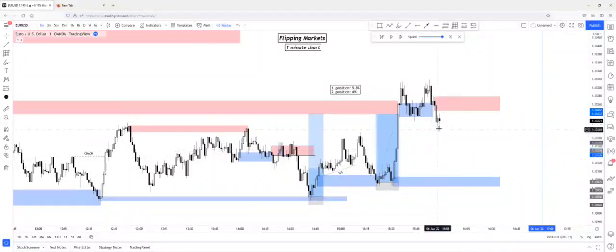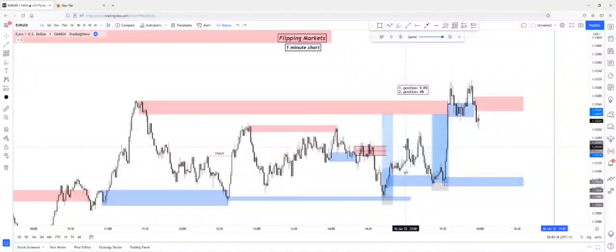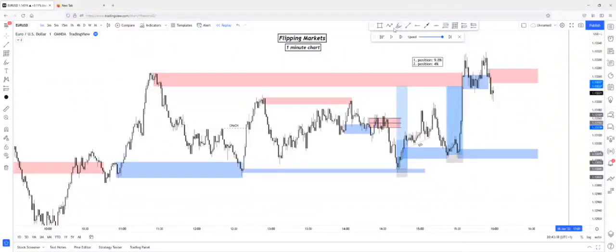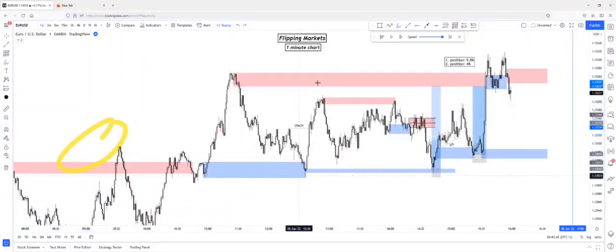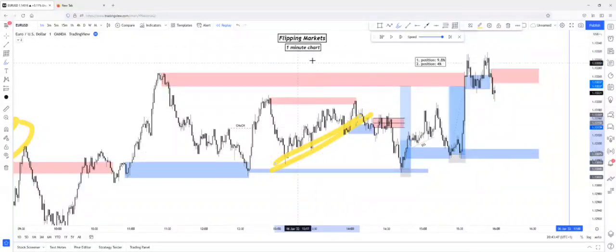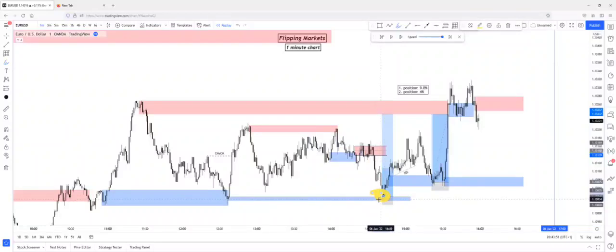Yeah, I wouldn't use a risk entry on this demand zone in this case, because actually it's not similar to the first one, because the first one had a 4-hour change of character, had a 15-minute change of character, had a 1-minute change of character, had every single confluence, had every single criteria, eight criteria entry. So we could easily use a risk entry on this scenario.